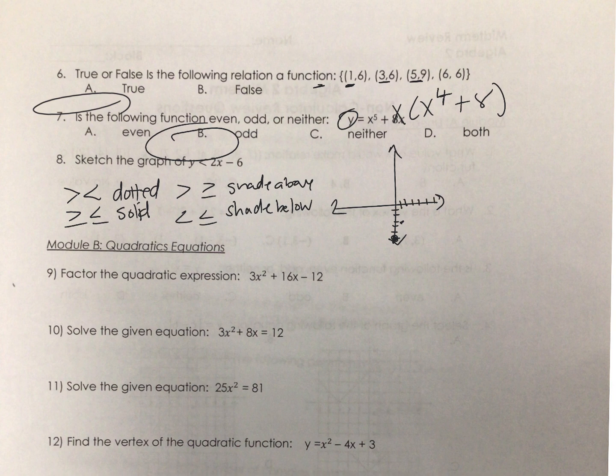So up 1, right 1, up 1, right 1, up 1, right 1. And since this is less than, it's a dotted line. And we shade, since it's less than, below. So the solutions are on this side.